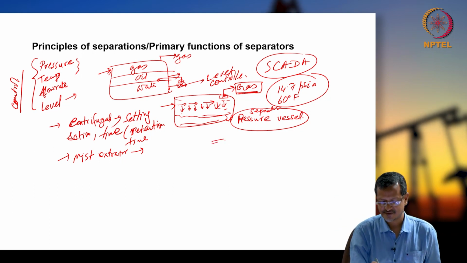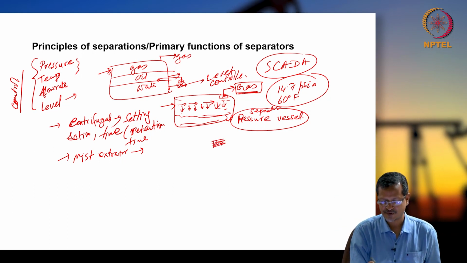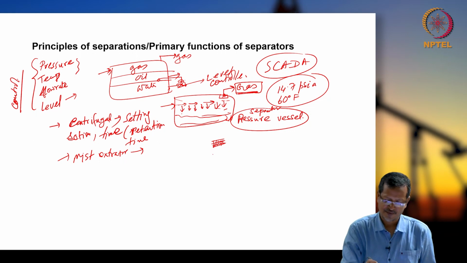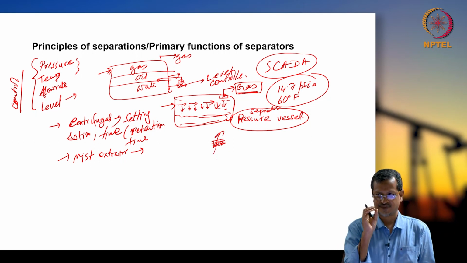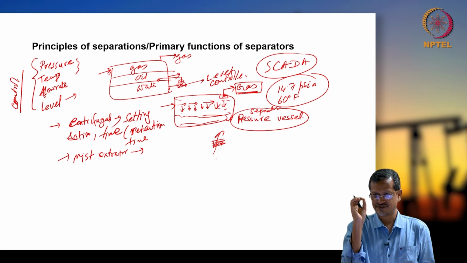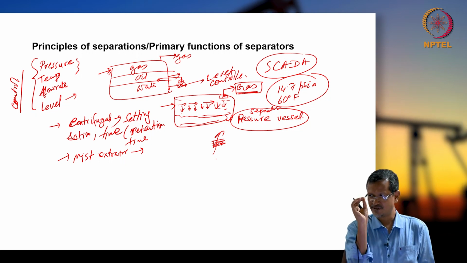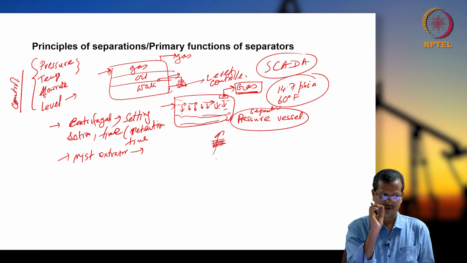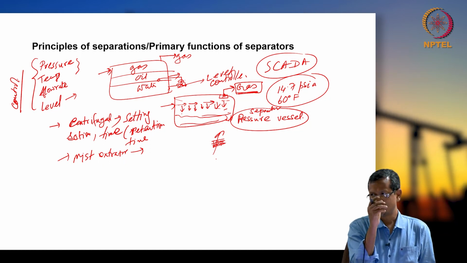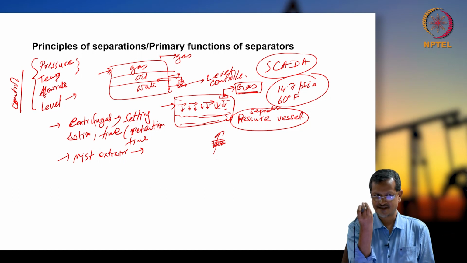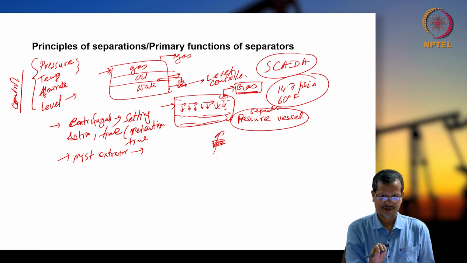So lots of mesh will be there, a small section. When gas is moving there, this small liquid particle will be touching this mesh and sticking to the mesh. So many liquid particles will be touching, so they will create bigger particles. When it creates a bigger particle, it falls down.